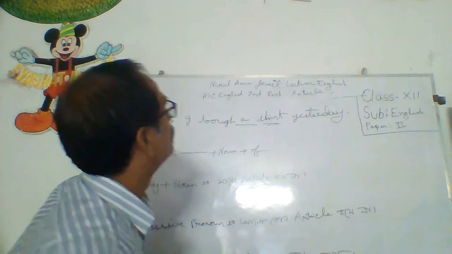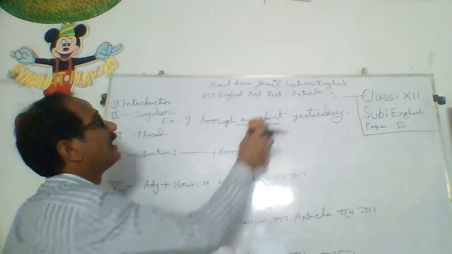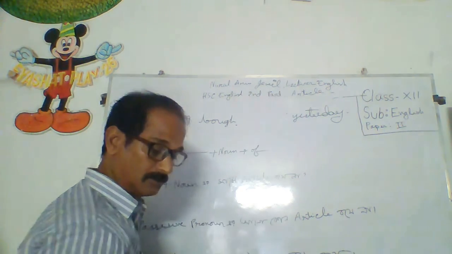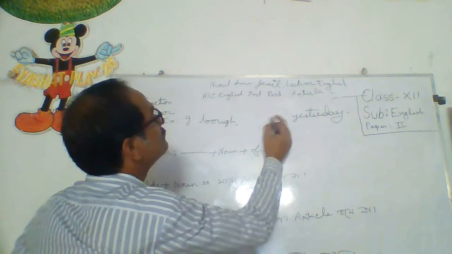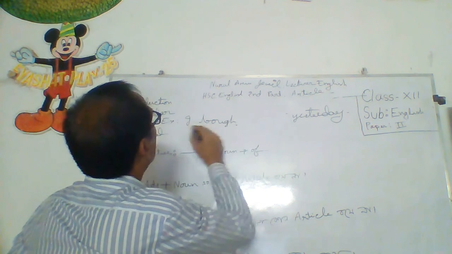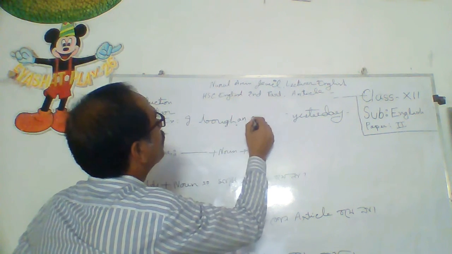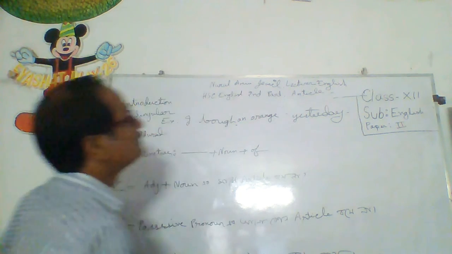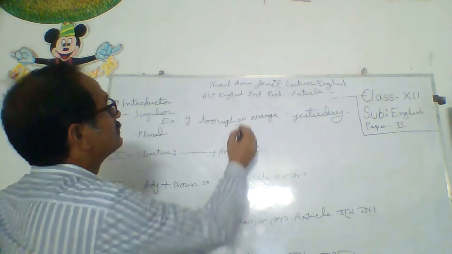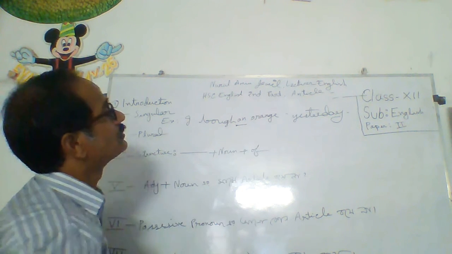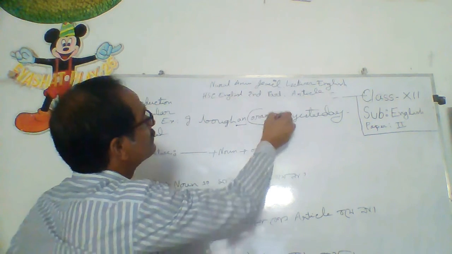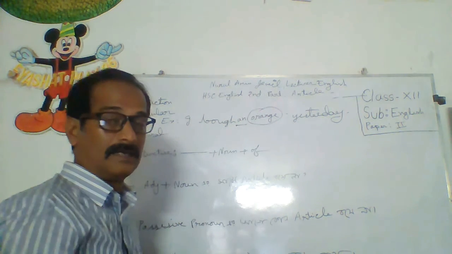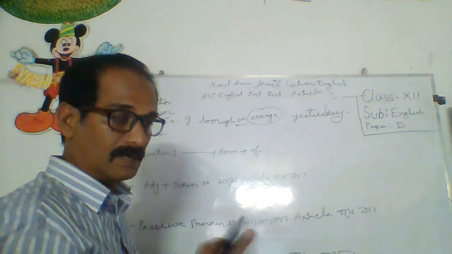Again, we can use an when the next word begins with a vowel. I bought an orange yesterday. Then we should remember that when the noun is singular in number, there will be a or an before it.